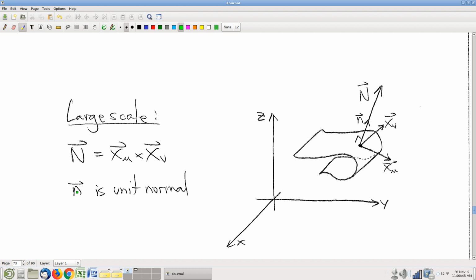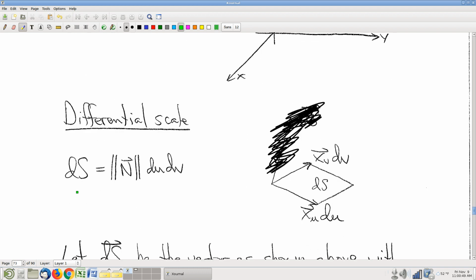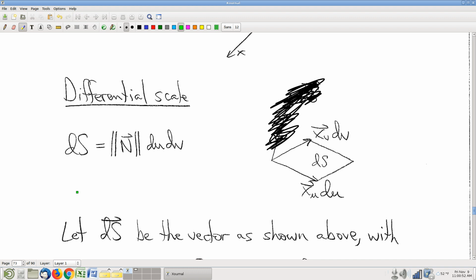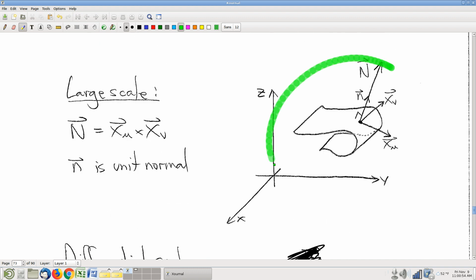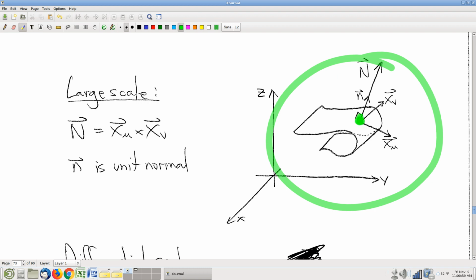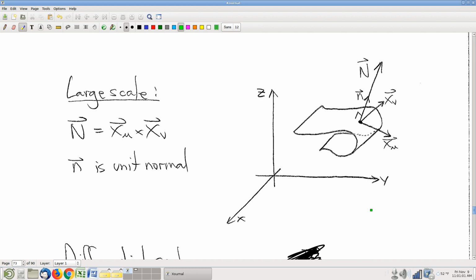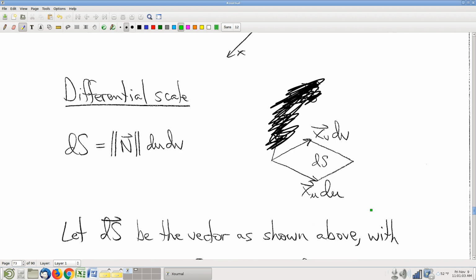Okay. So, all of this is existing construction. And now down on the differential scale, here's our big surface, and here are some big vectors that relate to what's going on the surface at a given point. Now let's go down to what I call the differential scale. So looking at an itty-bitty piece of surface, it's not exactly a parallelogram, but it's well approximated by a parallelogram. Let me just draw a parallelogram.